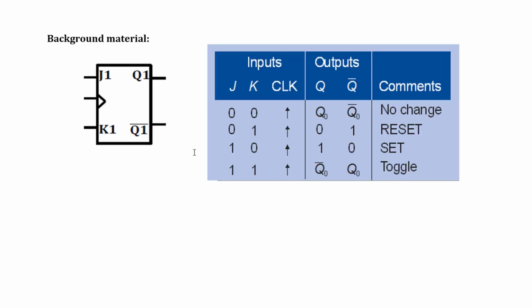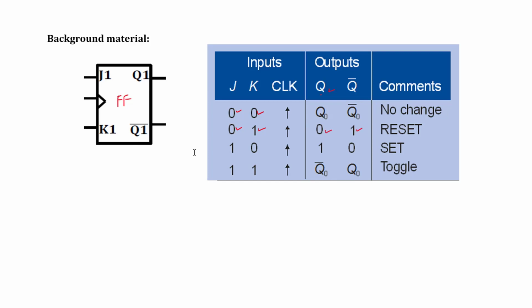So before solving this problem, we need to understand the functionality of the JK flip-flop. In a JK flip-flop, at the clock transition, if the JK inputs are logic 0, there is no change in the output Q. When J equals 0 and K equals 1, the output Q will be logic 0 and the complement output will be logic 1.